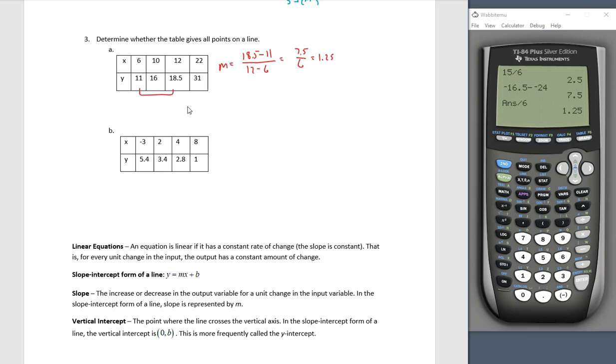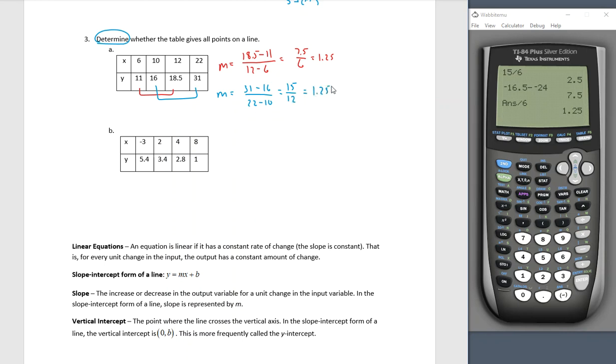Let's take another pair of points. Let's take these 2 points and find their slope. Now, because it says determine, we check our arithmetic because they may or may not match up here. Let's find out. M equals 31 minus 16 over 22 minus 10. 31 minus 16 is 15. 22 minus 10 is 12.